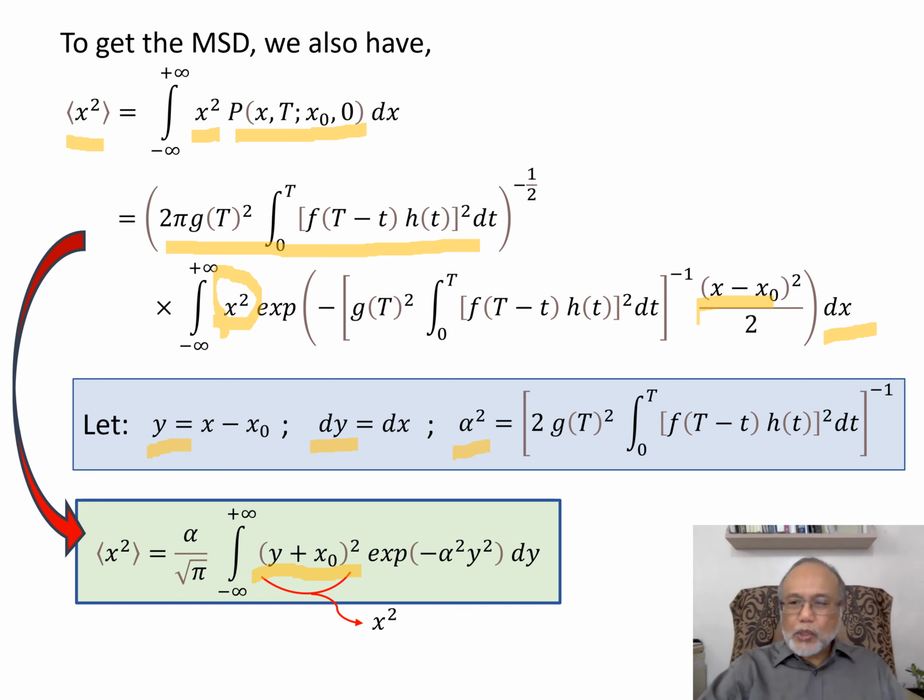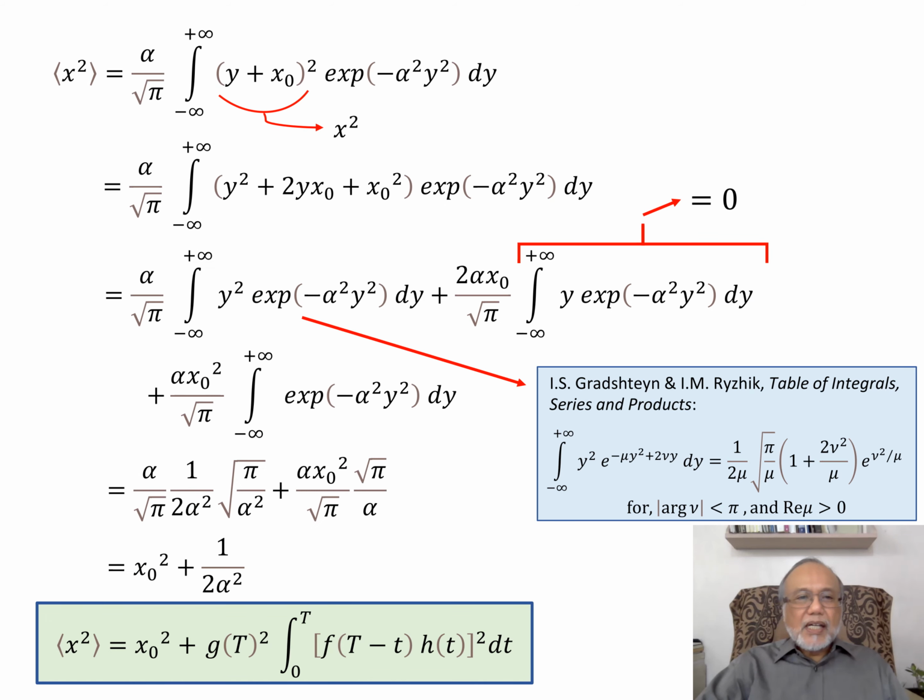So we proceed, we square that term. We have this y plus x naught, which is just our x squared. You square that, you have three terms: y squared, plus the middle term, plus x naught squared. You distribute the integration, and you have three terms. For the first, you can apply a relation from Gradshteyn and Ryzhik, and you quickly get that the first term would just become like this. The second term is again an odd function integrated from minus infinity to infinity, so it would just be 0.